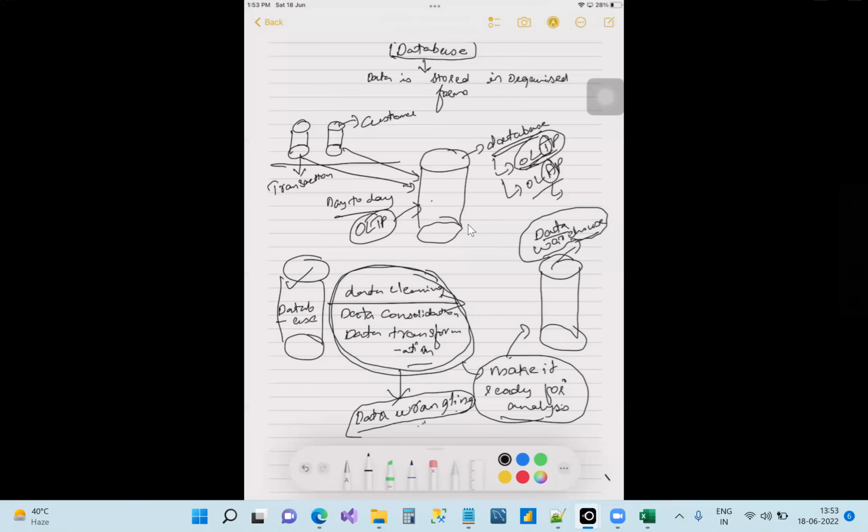Got it? And this data wrangling is just one step. If you go broader, then in a broader sense it is called ETL, extract, transform, and load. You'll extract data from this data source, transform it through this process, whatever we did over here, and then load it in the data warehouse. Got it?